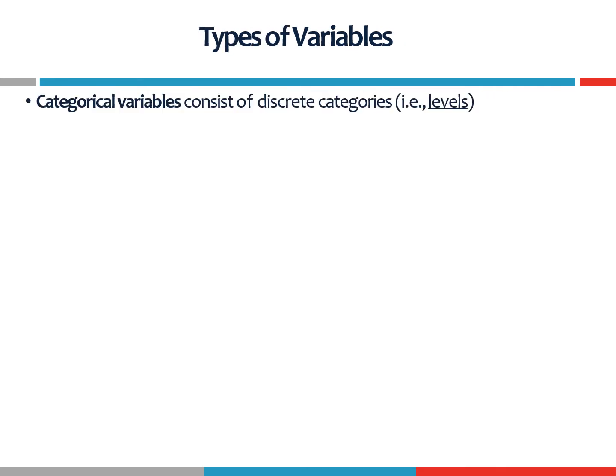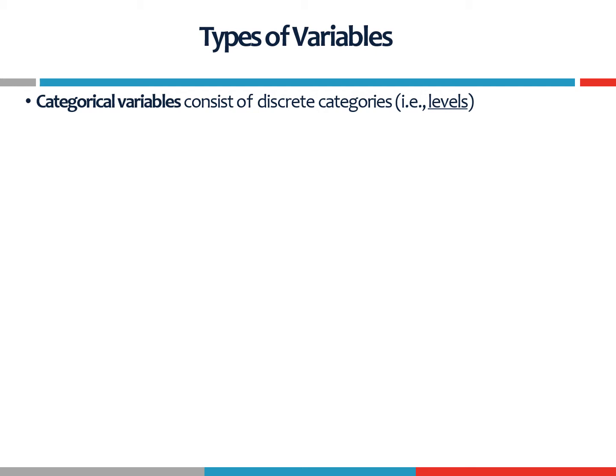Okay. So it's very important to understand, as part of your learning of statistics, the difference between two different types of variables. Categorical variables are going to consist of discrete categories.